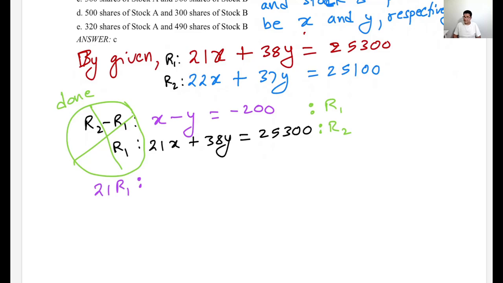Thing is, it's not the same row anymore. Be careful here. That new R1 is not the same as the old R1. Now when I multiply R1 with 21, that will be 21x minus 21y equals negative 4200.